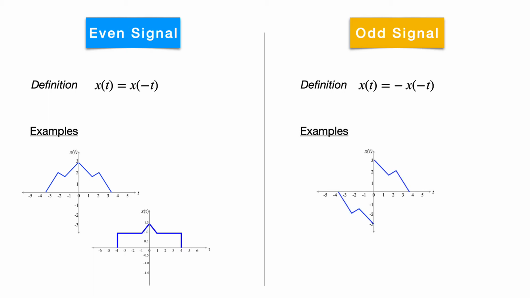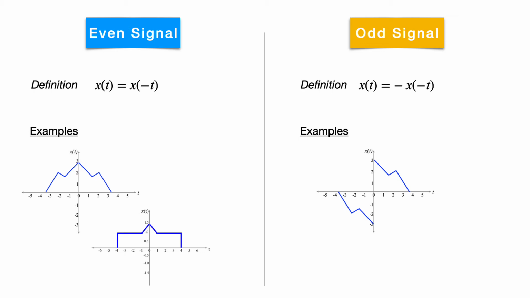If we reflect it on the time axis, it will look different. See, it is a different signal than the original one. Now if we flip it on the vertical axis like this, it will look exactly the same as the original signal. Such signals are called odd signals.